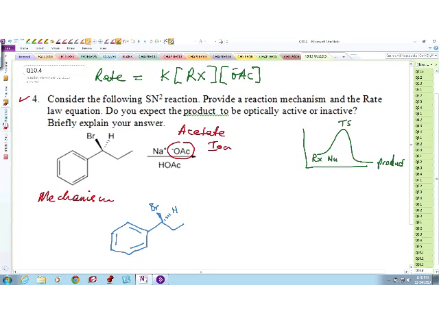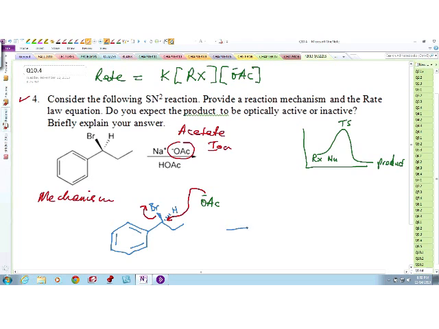So now you have the nucleophile will come here, attack this molecule from here. Okay, from the back, opposite side to where the bromine is attached, and at the same time, while the acetate ion or the nucleophile is attacking that electrophilic carbon, the bromine will be leaving. Okay, and you can see here.